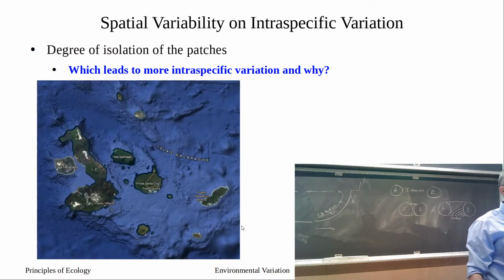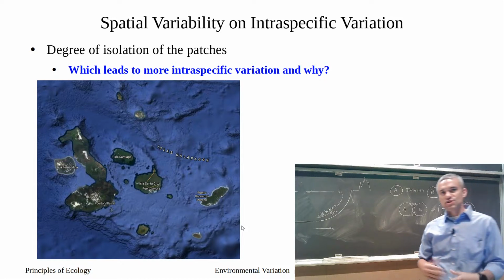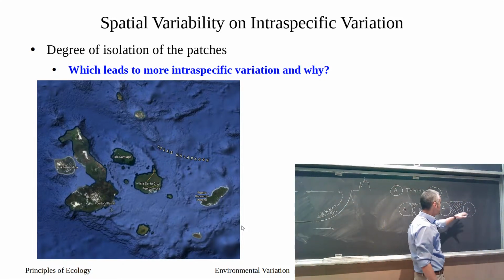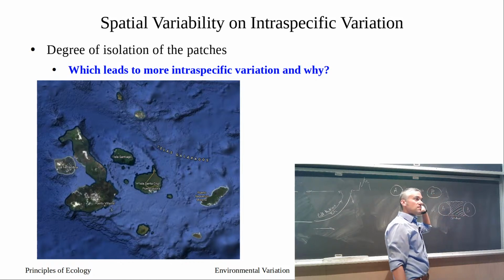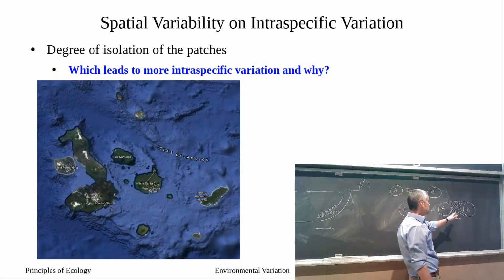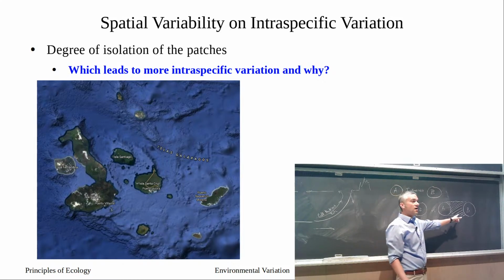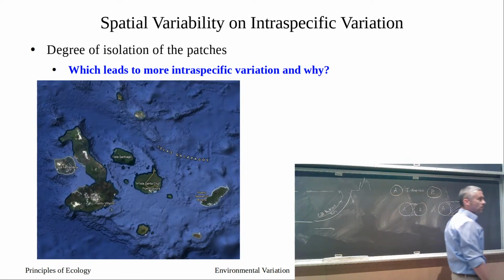Isolation. Isolation plays a role. So we've kind of said that our species can move. But if we're close, we can move, but if we're far away, we can't, that can also play a role in our intraspecific variation. We talked about this a little bit.